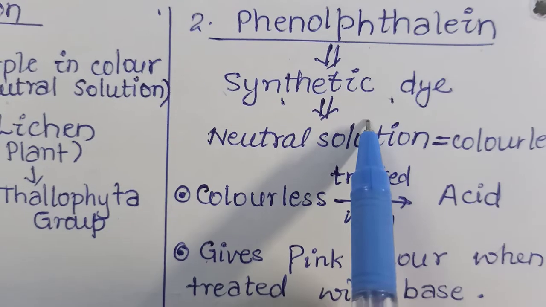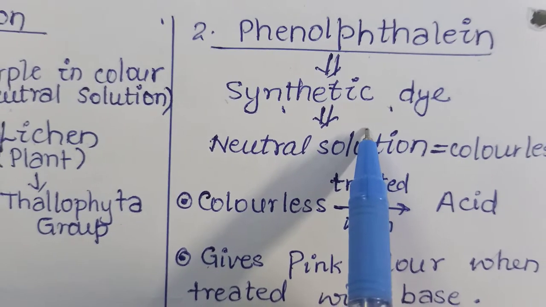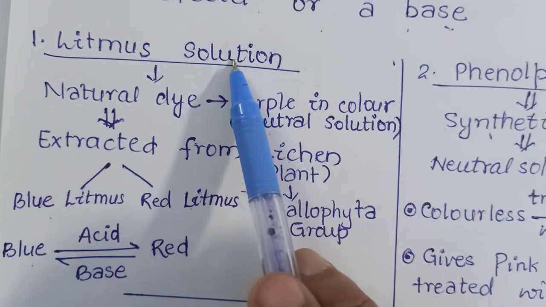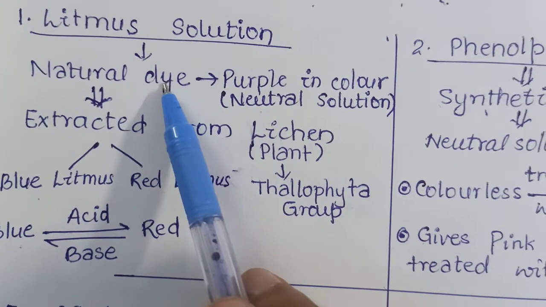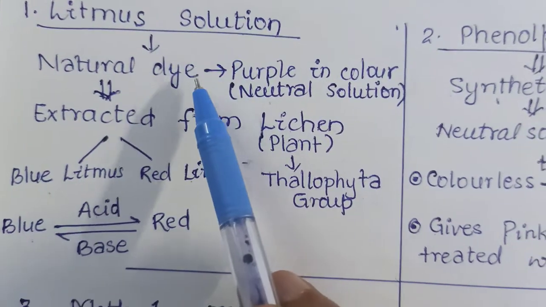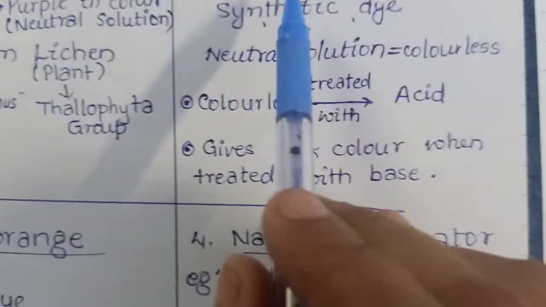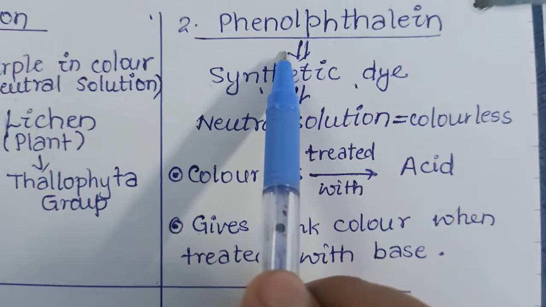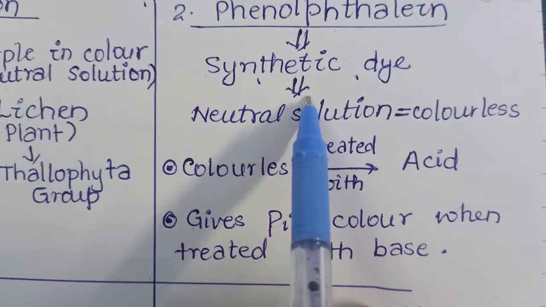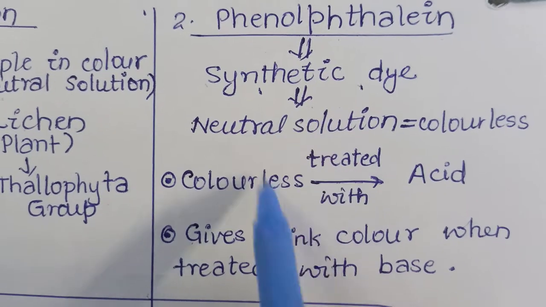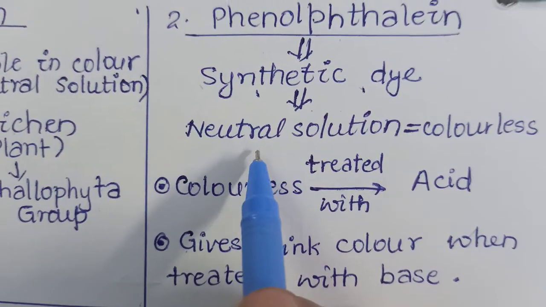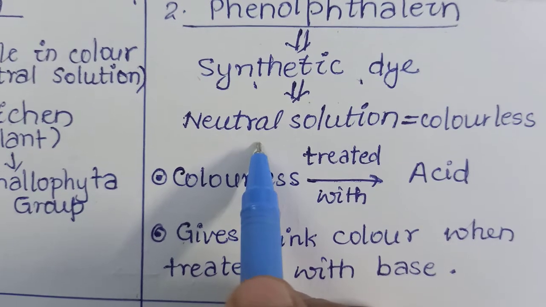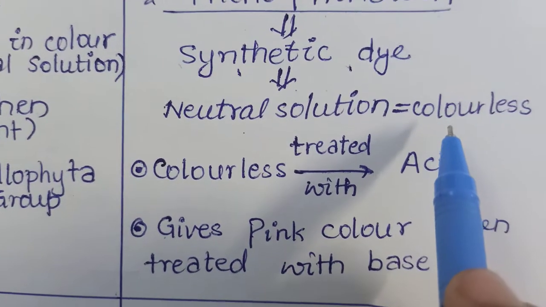Phenolphthalein is a synthetic dye, but litmus solution is a natural dye. Its neutral solution is colorless.